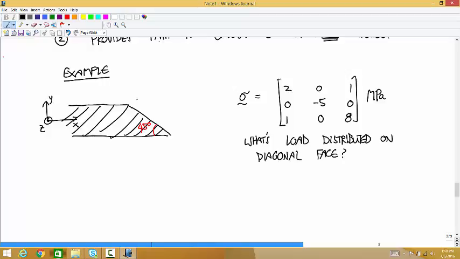So now I'm at positive 135. Now if I backtrack another 90, I'm where I want to be. So 135 minus 90 is 45. Okay. So this is the outward facing normal.